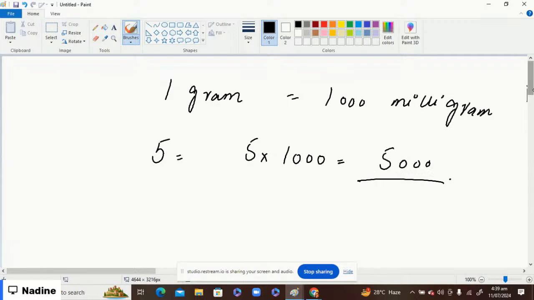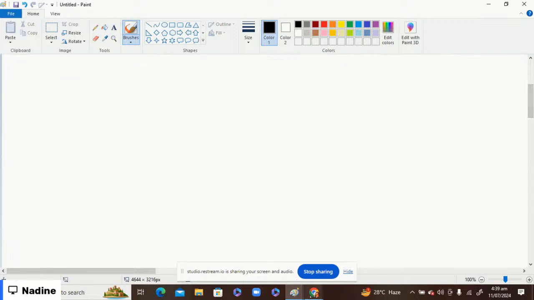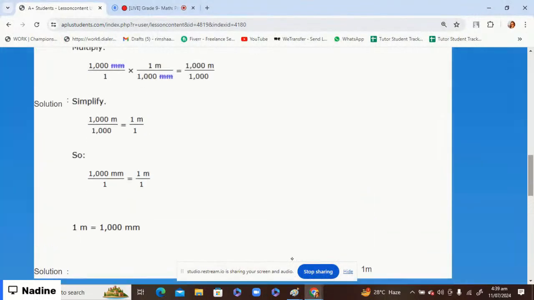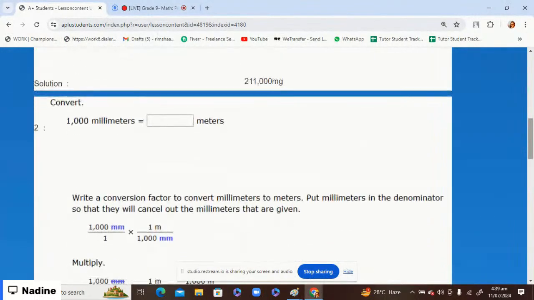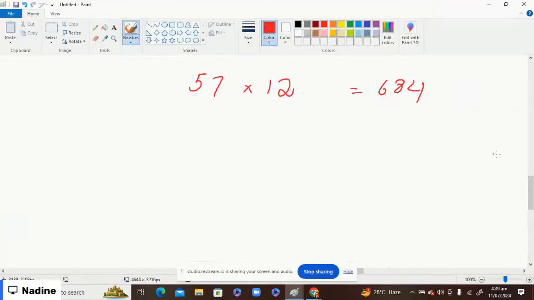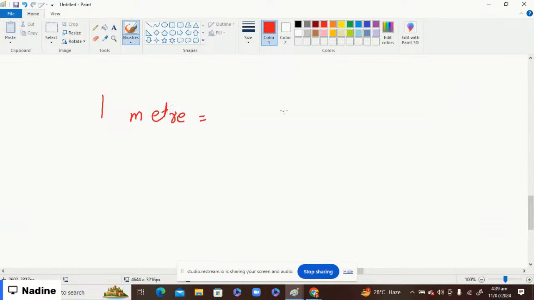This is what we have done for grams to milligrams. Now, let me also tell you about meters to centimeters or millimeters. You also write down this: 1 meter is equal to 100 centimeters, like 1 m is equal to 100 cm.